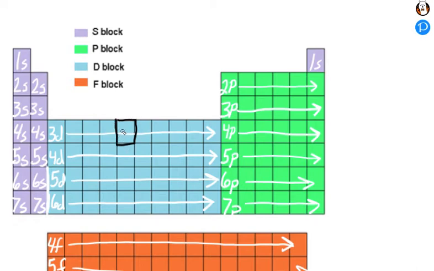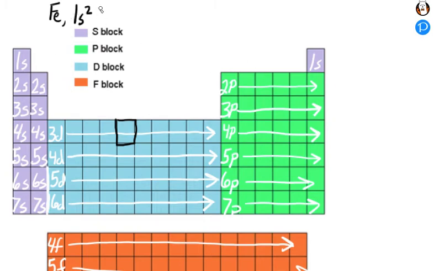So if we're going to do an electron configuration for iron, let's just look at where it is in the periodic table and we can write it out. For iron, all of this that comes before it is full. So I've got the 1s, 2 electrons, those are full. This is full, this is full, this is full, this is full. So I can just write those out.